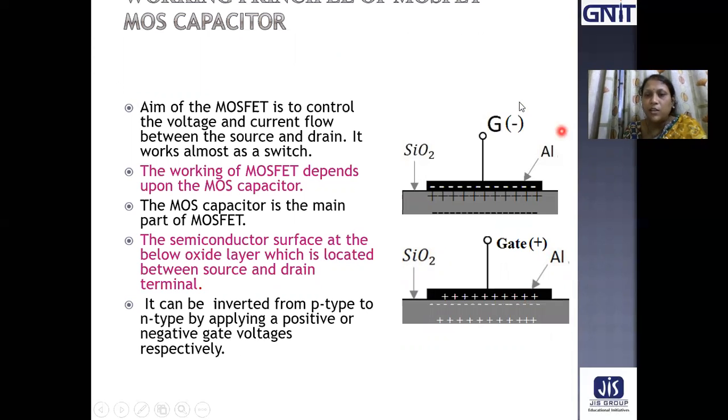So when the gate is negative, this region is negative, and when the gate is positive, then the SiO2 semiconductor interface layer is also positive due to the induction mechanism.